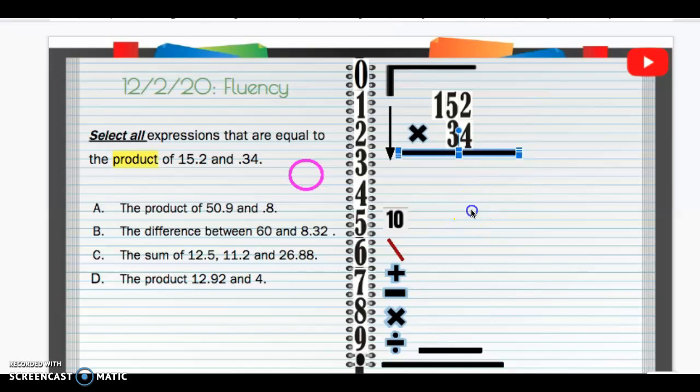And you begin to multiply, asking yourself, 4 times 2 is 8. 4 times 5 is 20. And then you bring up the 2. 4 times 1 is 4. 4 plus 2 is 6. Your 4 is done, so you have to cross off the 4.